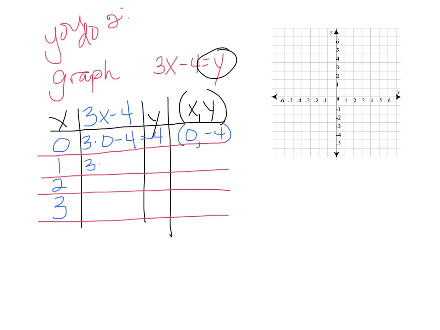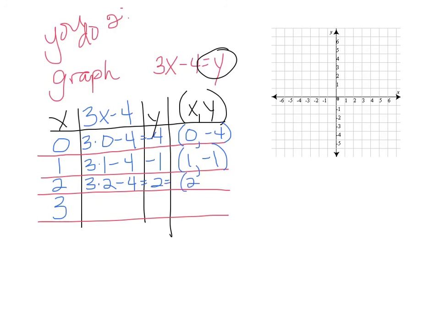When x is 1, I have 3 times 1 is 3 minus 4. So I have $3 in my pocket, but I owe $4. I'll pay for the 3 of it, but I still owe how much? Yeah, I still owe 1. So when x is 1, y is negative 1. On the next row, when x is 2, 3 times 2 minus 4 equals, 3 times 2 is 6, and if you subtract 4 from that, it's 2.